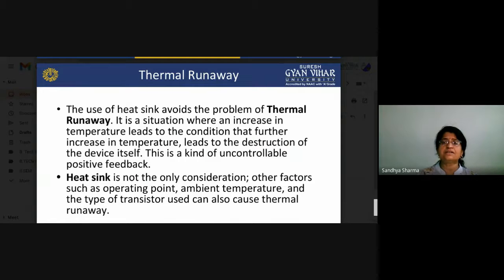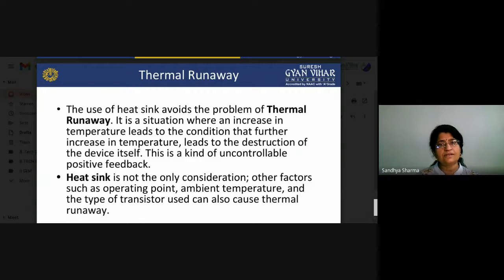It means once your collector current IC increases, your temperature will again increase. It is parallel: one parameter increases, the other also increases. So it will be an uncontrollable positive feedback. Means at one point your device moves into thermal runaway, and you will not be in a situation where you can control it.